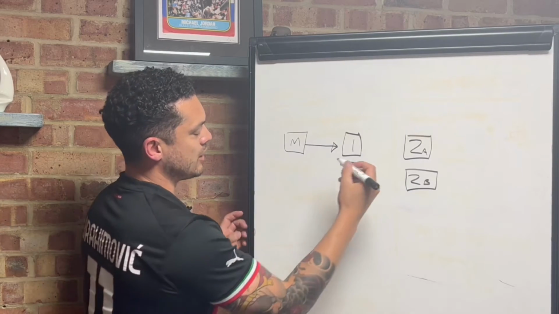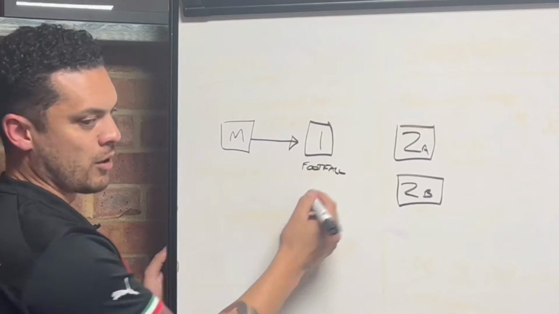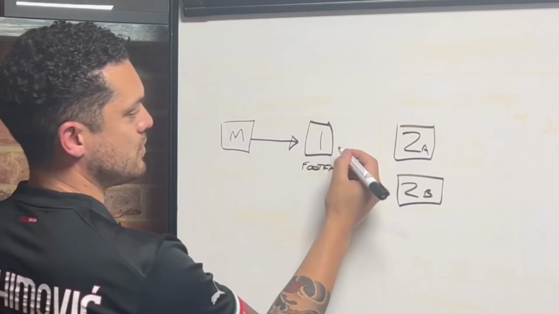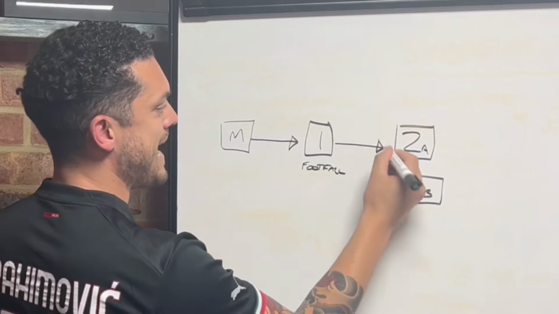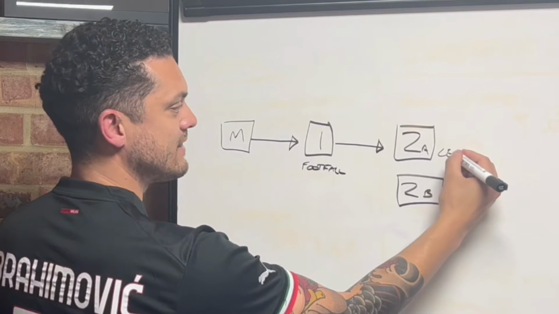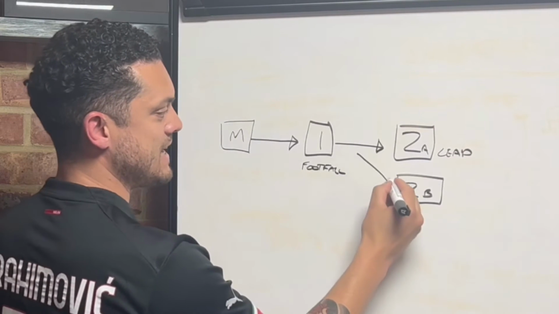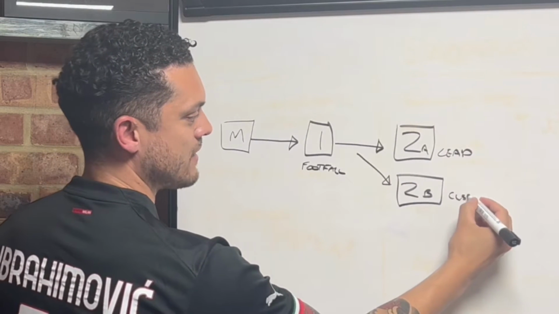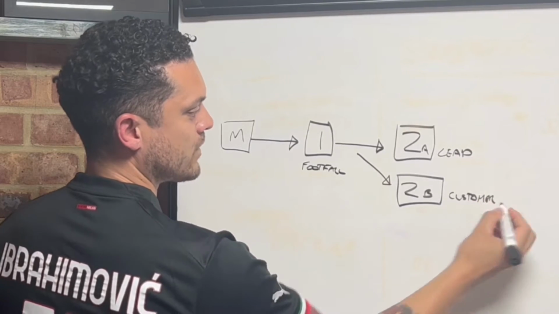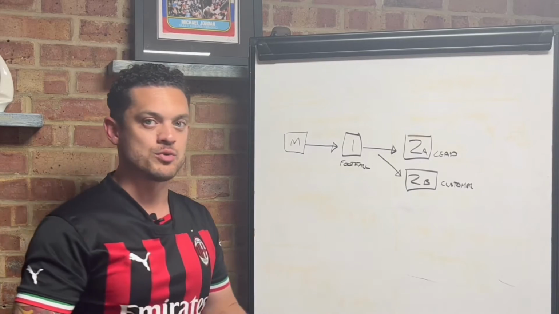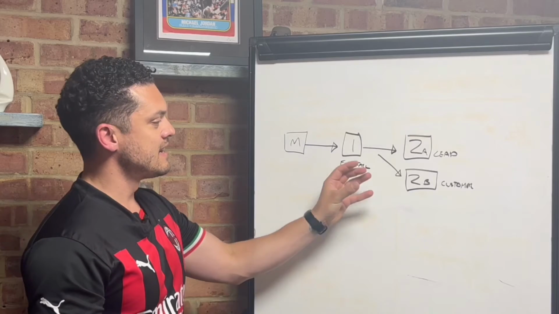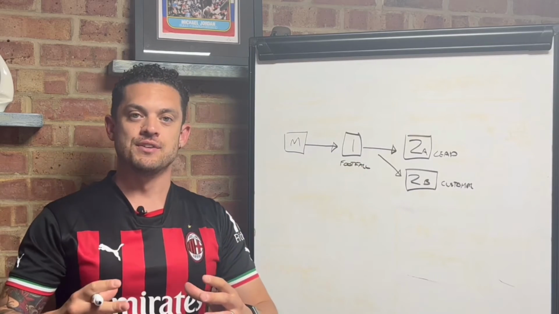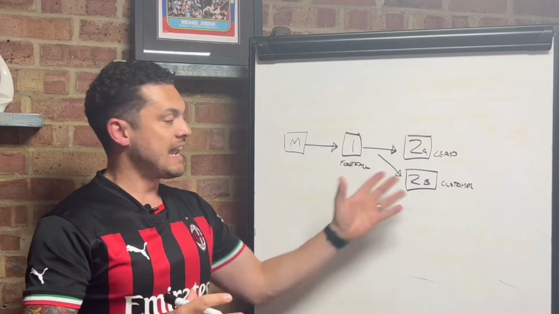Well, let's dig into it a little bit further. To take someone from footfall into either 2A, which is a lead, or 2B, which is a customer, requires a sales process. It requires a transaction or a conversion that allows someone to do that.